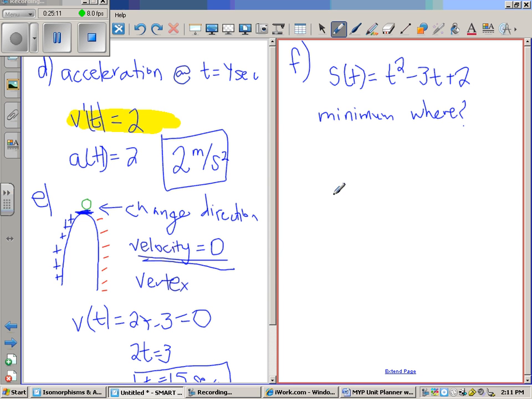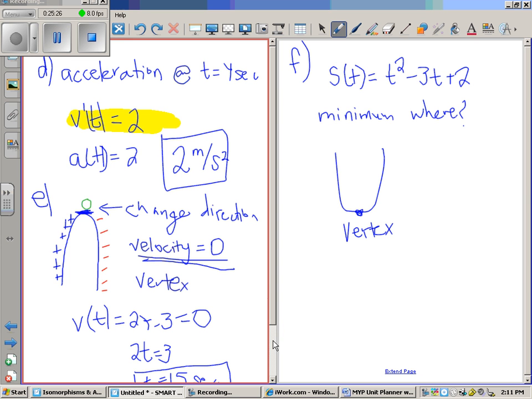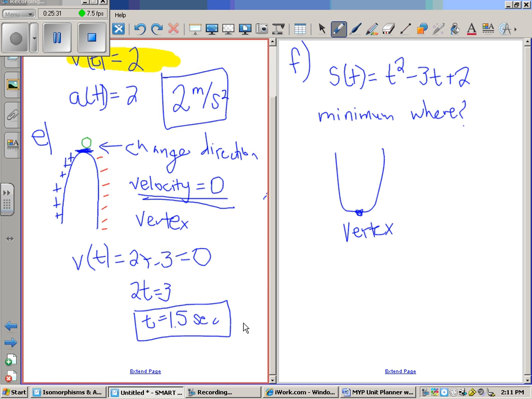Let us consider this is an upward parabola. So the minimum is going to be at the vertex. Did we find over here the point in time where I was at my vertex? I sure did. I changed direction at 1.5 seconds. That is the vertex, or the minimum.